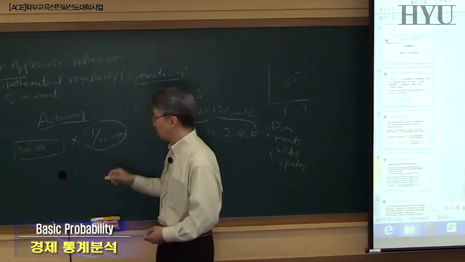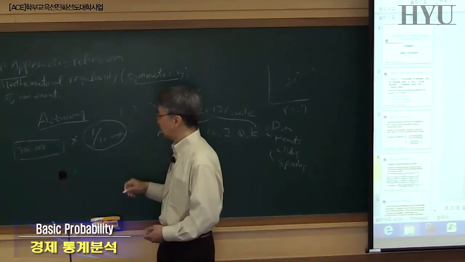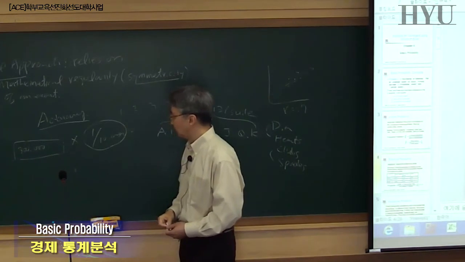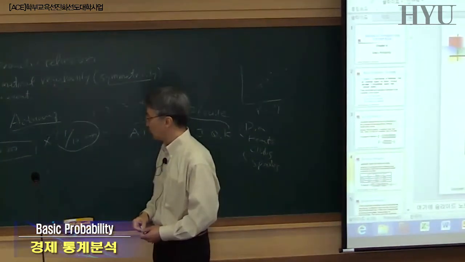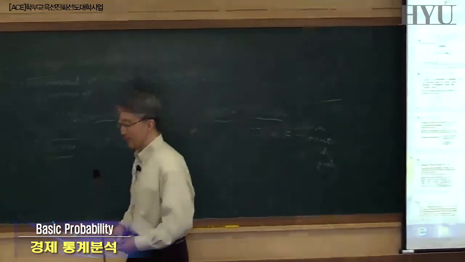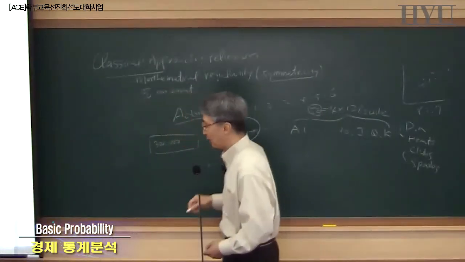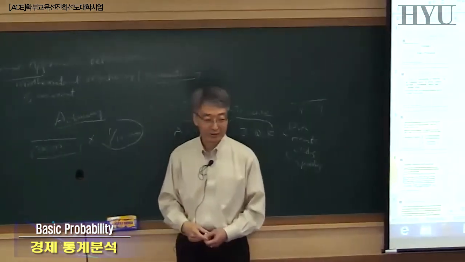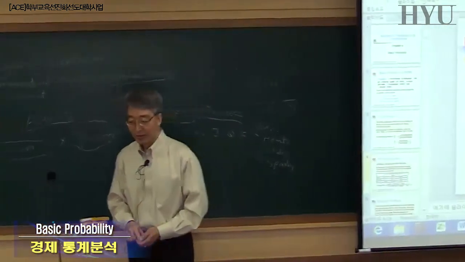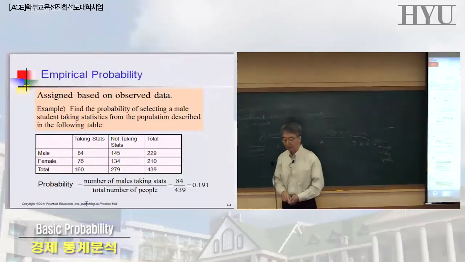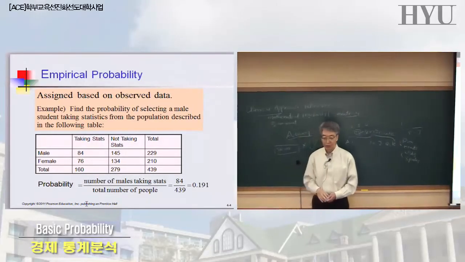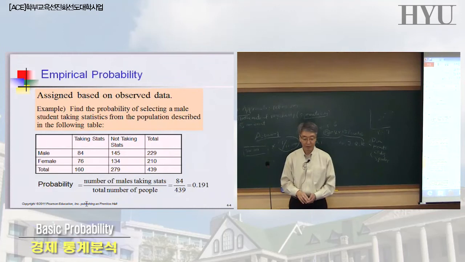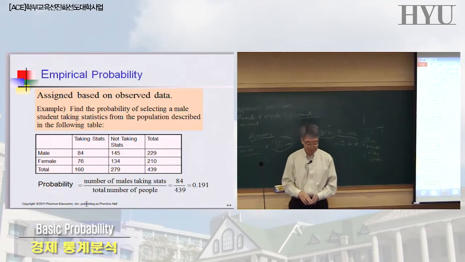If you multiply that, it's going to be pretty cheap, right? $30, something like that. And of course, they have to add up their administrative cost and other things. So that's how the empirical approach is used to come up with probability.